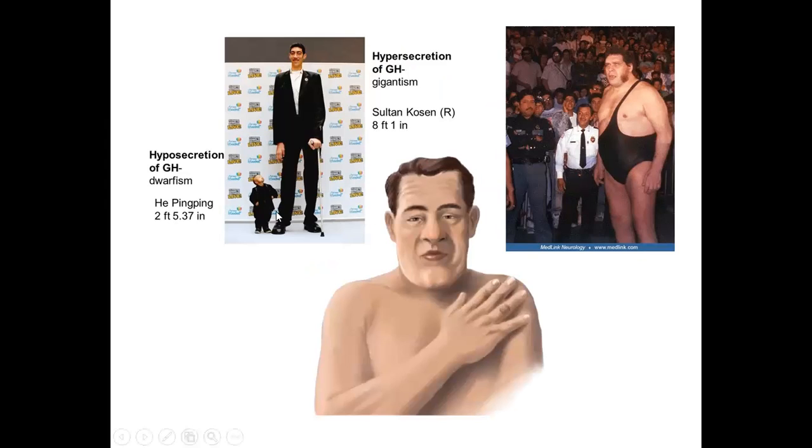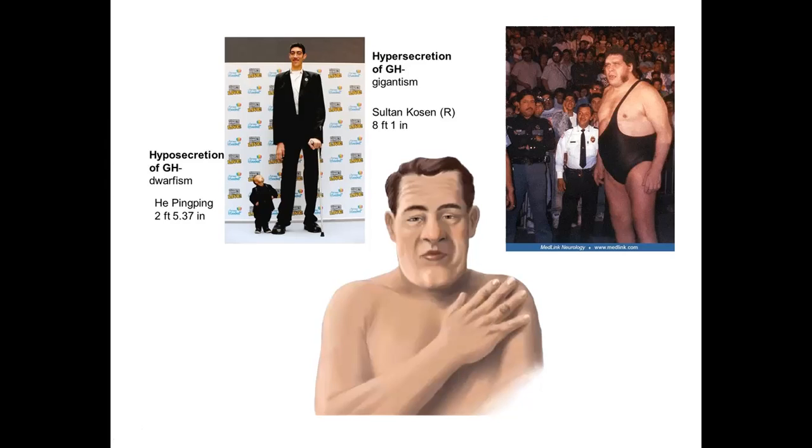These are examples of people with these conditions. So in this picture on the left, you see this guy here. His tallest growth was 2 feet 5+ inches. He was only 2 feet tall. He was the shortest man in the world because his pituitary did not produce growth hormone. And because apparently they did not catch it when he was younger, they could not administer a growth hormone medication.